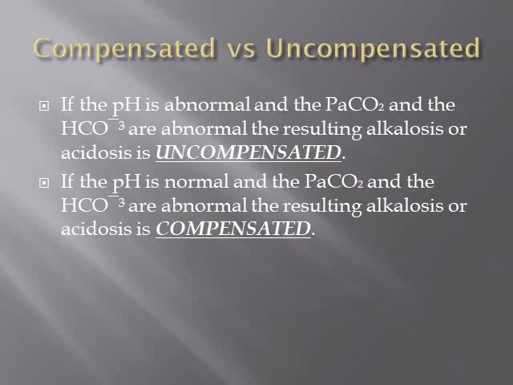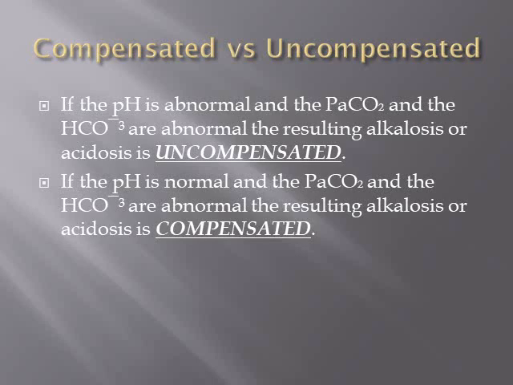So compensated versus uncompensated, this is very difficult for some people to understand. So if you need to pause the slide and read it a few times, I highly encourage it. If the patient's uncompensated or compensated, you always want to look at partial, fully, or not at all.